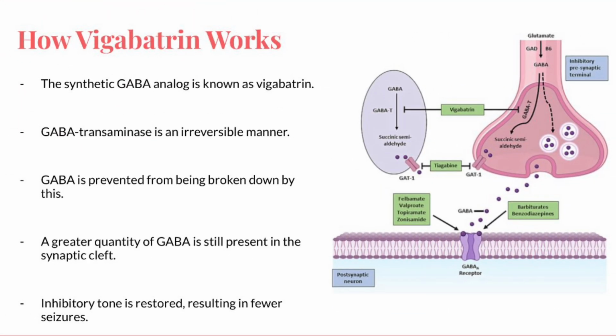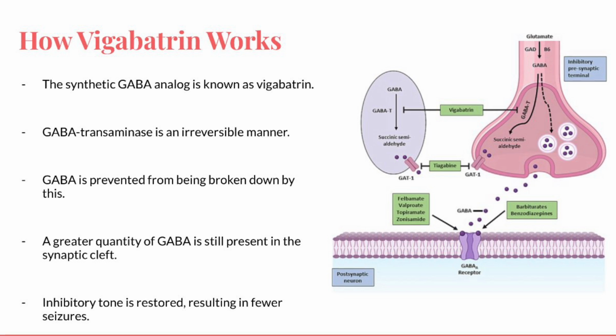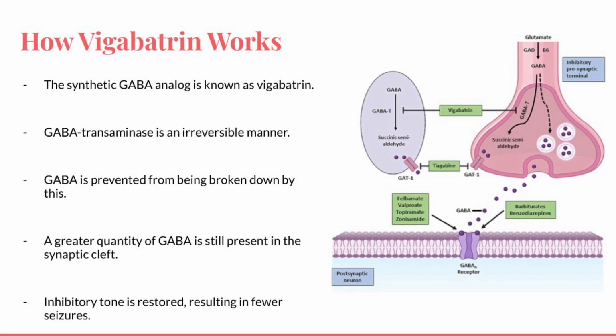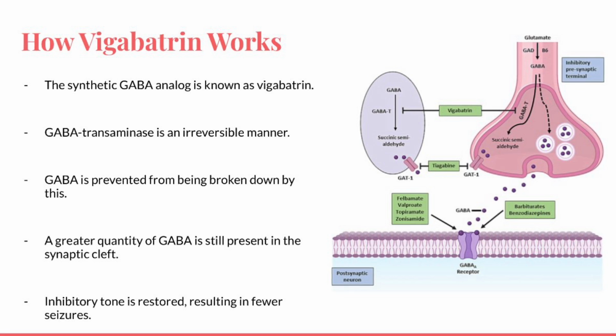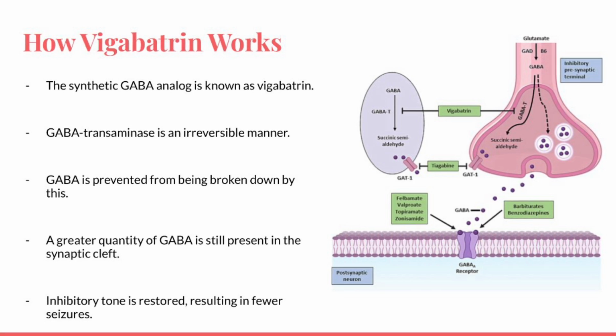After understanding what a seizure looks like using the diagram, we're also going to talk about how Vigabatrin actually works. My diagram shows exactly what Vigabatrin is doing. On the left, the purple oval is the GABA transaminase, which is the enzyme that basically cleans GABA out of the system. Vigabatrin, which is the green box, slides right into the enzyme and shuts it down for good. Once that happens, GABA doesn't get broken down anymore.